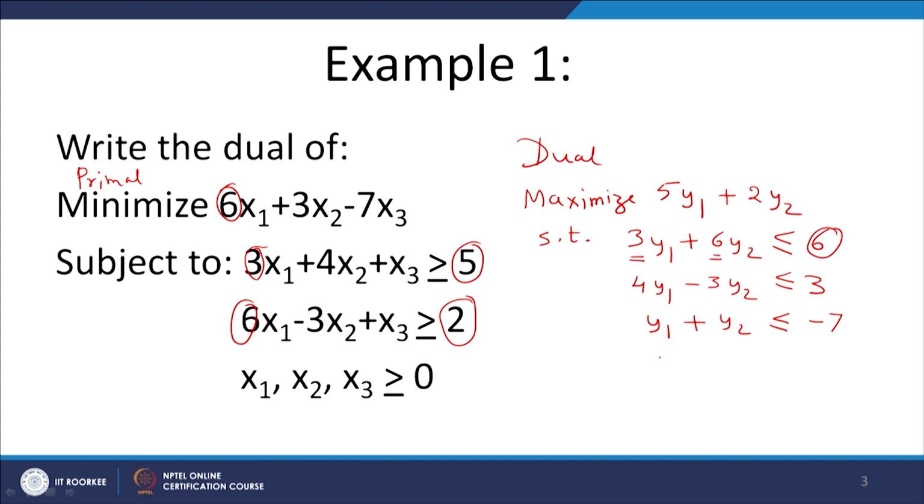Now, the variables will be y1 and y2 both greater than or equal to 0. You know that the number of variables of the dual is equal to the number of constraints of the primal and vice versa. Also, the minimization of the primal will become the maximization of the dual.